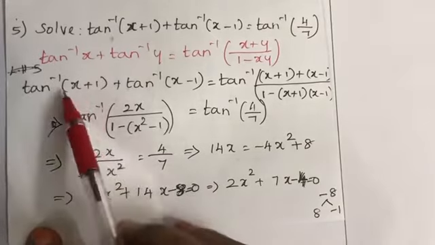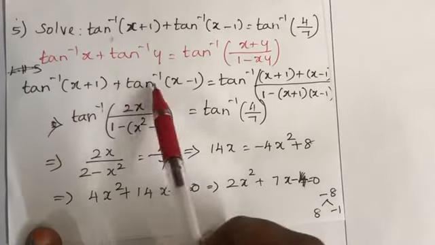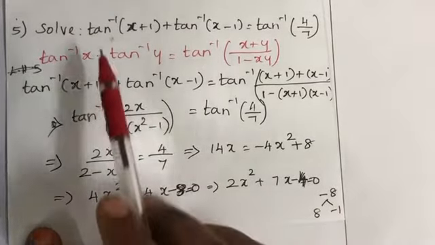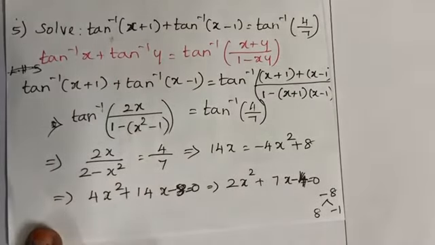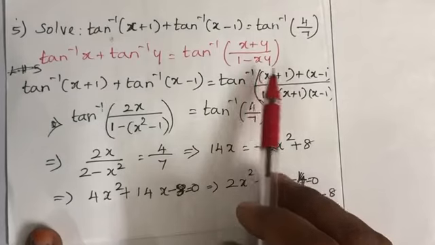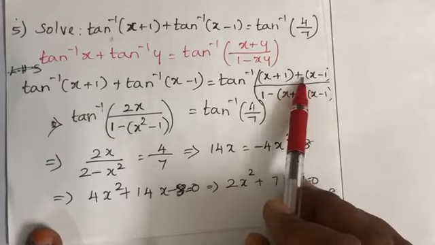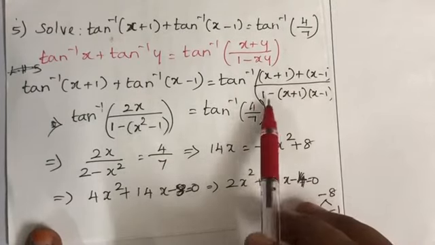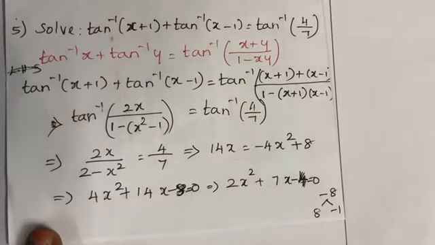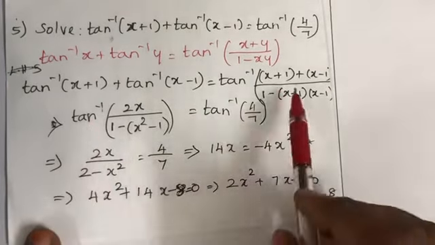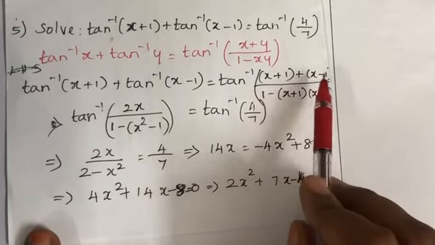So tan inverse x plus 1 plus tan inverse x minus 1 is equal to, in the place of x we have x plus 1, in the place of y we have x minus 1. So tan inverse of x plus 1 plus x minus 1 divided by 1 minus x plus 1 into x minus 1. Okay, tan inverse x plus 1 plus x minus 1.